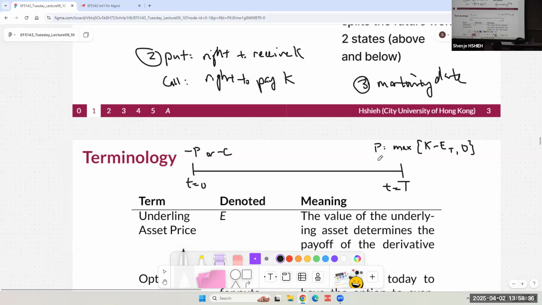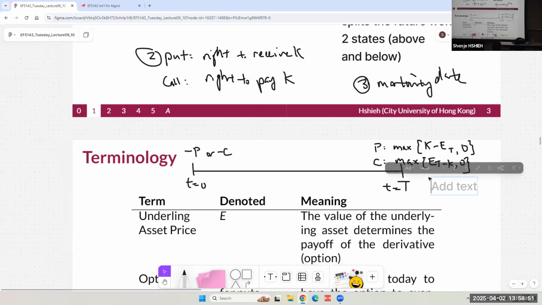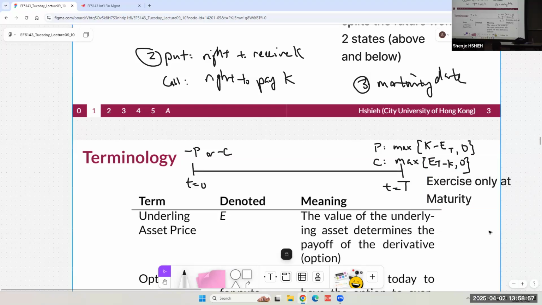So it's minus ET. And if you're a call option, you're wagering that the underlying exceeds the K. So ET minus K. So hopefully you get to see the timeline here. Exercise only at maturity. This is the timeline of the contract.